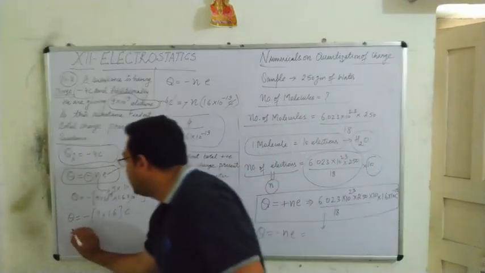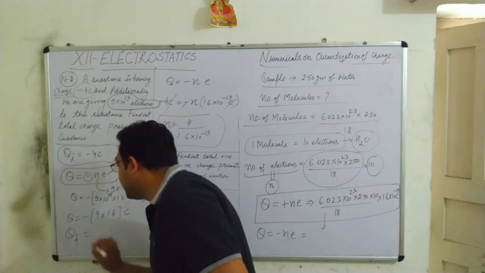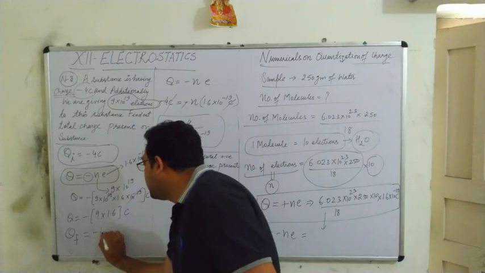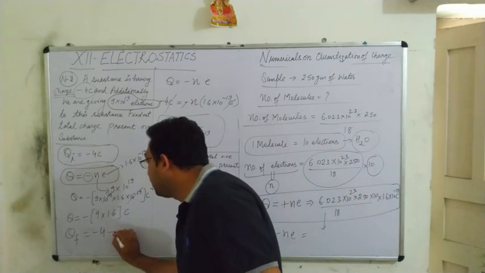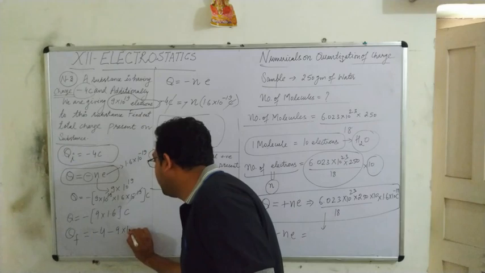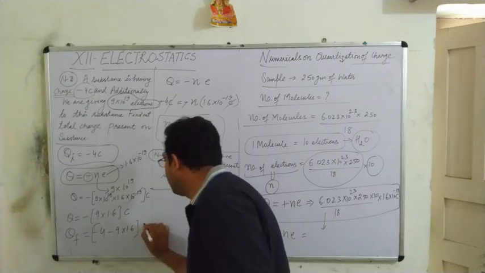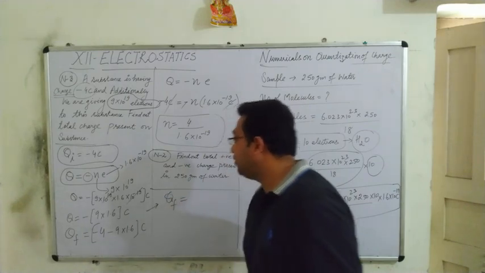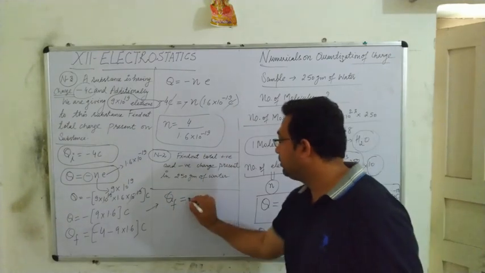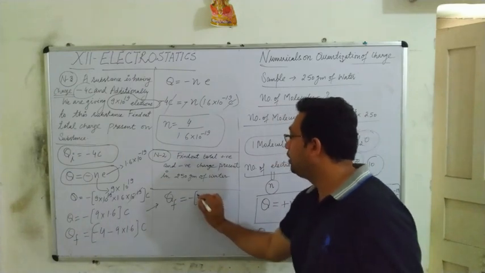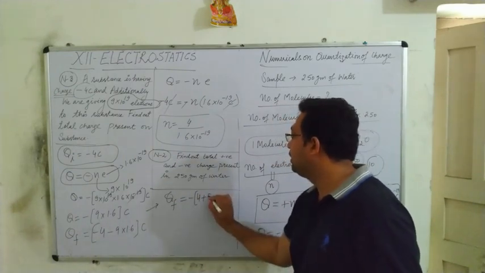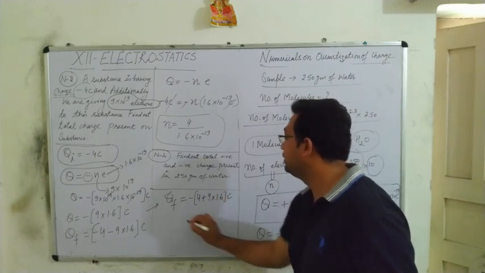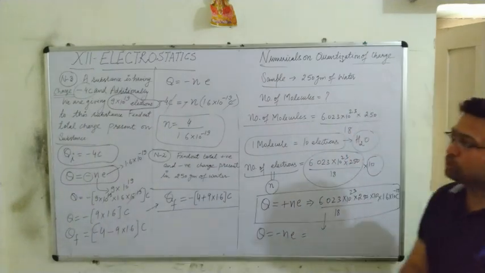Now the final charge present on this substance is minus 4 minus 9 into 1.6 Coulomb. So we can write the final value of charge as minus, taking common, (4 plus 9 into 1.6) Coulomb.